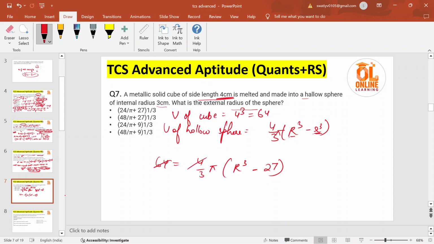So this will get cancelled down. 16 × 3 is 48, divided by π is equal to R³ - 27. So this will become (48/π + 27) whole cube root is equal to R. So what is the value of R? Your value of R becomes option number B.